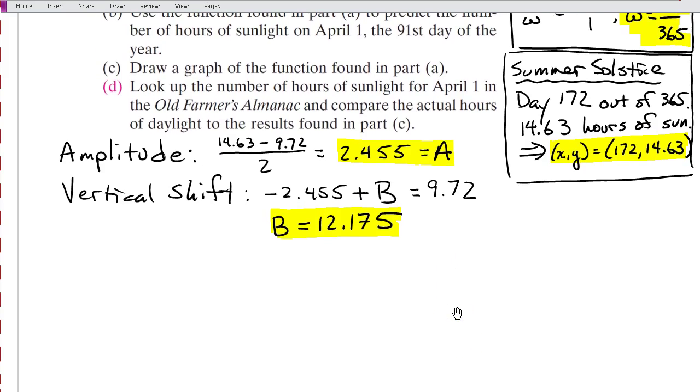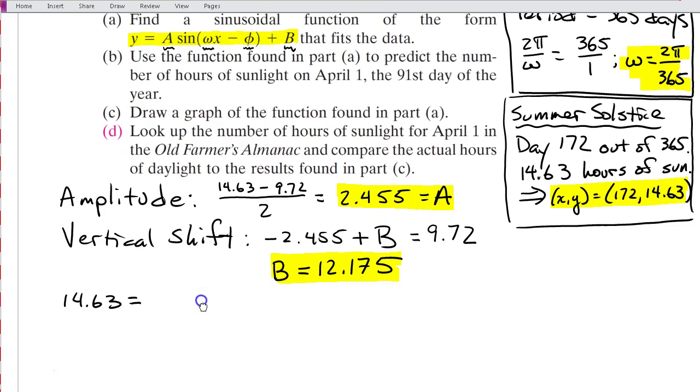So I am going to have my y value, which is 14.63, is equal to A. My A value was 2.455 times the sine of omega, which is 2 pi over 365, times x.